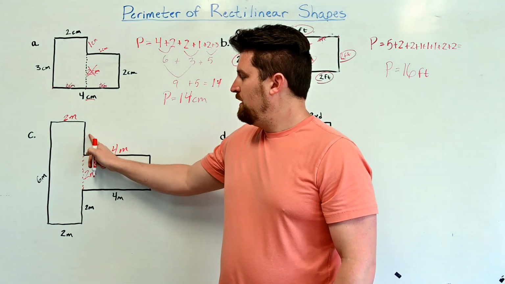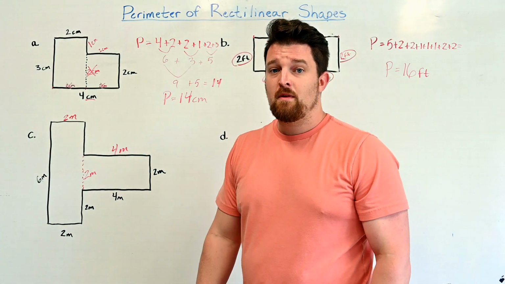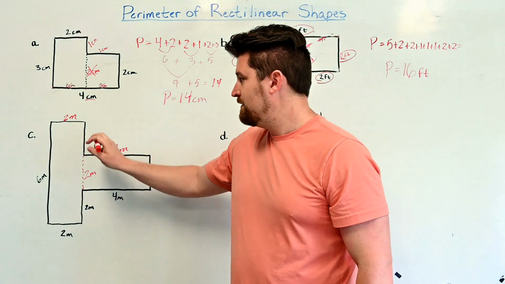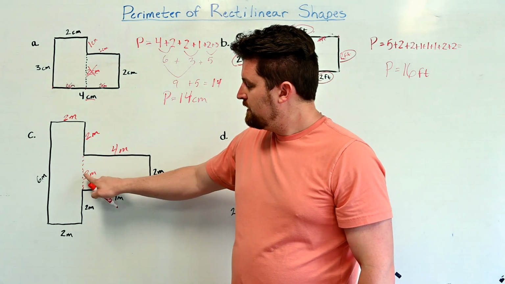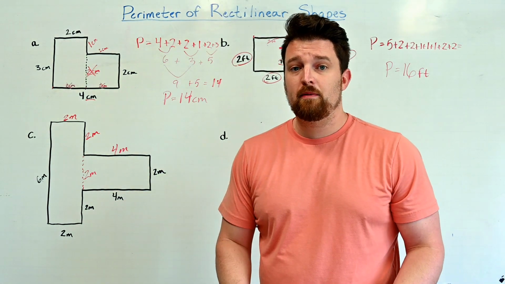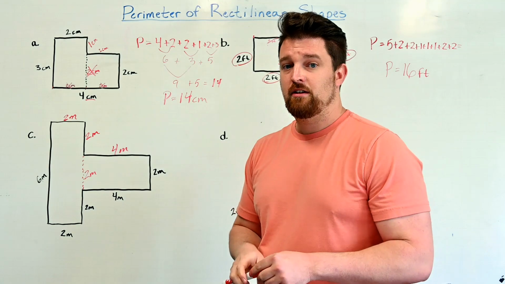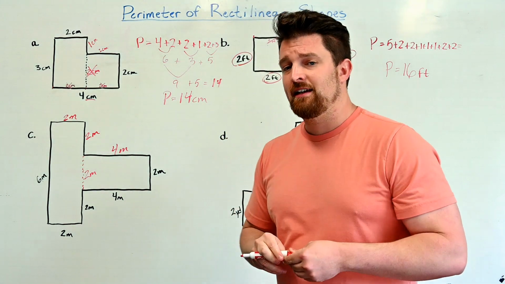So how many more meters would I need going up to make it to 6? I would need 2 more meters. So this 2 meters, plus this 2 meters, plus this 2 meters right here, make up 6 meters. Good job. Now, I have all of my missing sides.